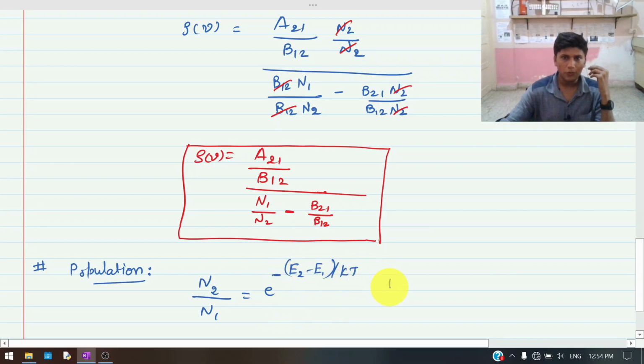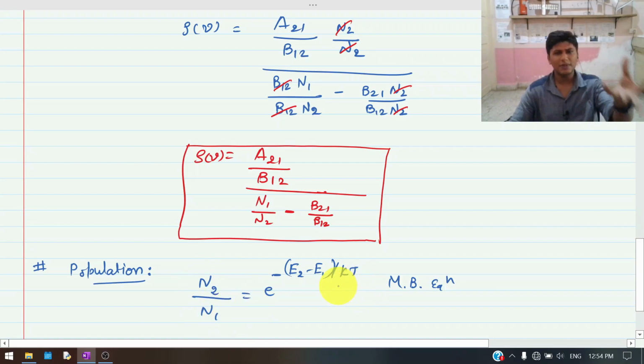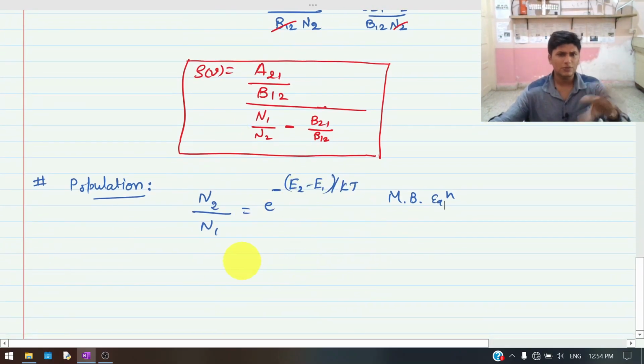This is called the Boltzmann equation or Maxwell-Boltzmann equation. The relation between N2 and N1, the population in the excited state and the population in the ground state, is given by this equation. This one we have discussed in the class, right? So that relation is given by this equation.